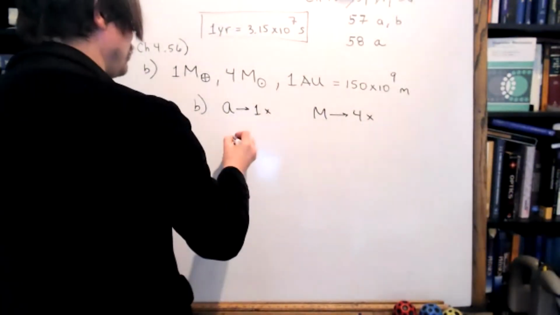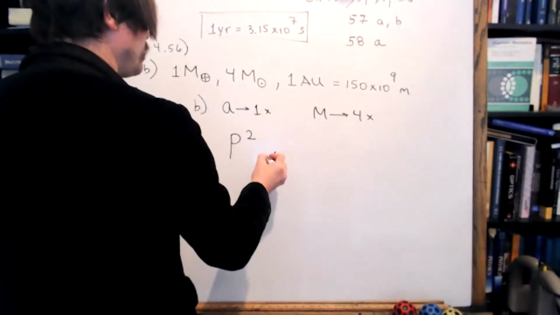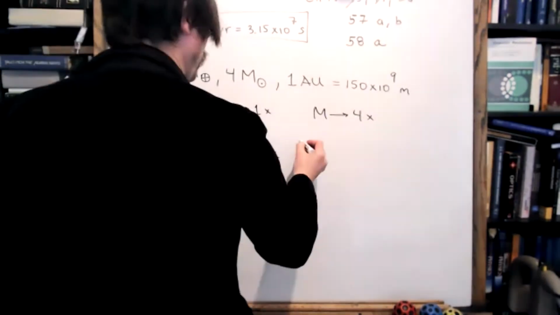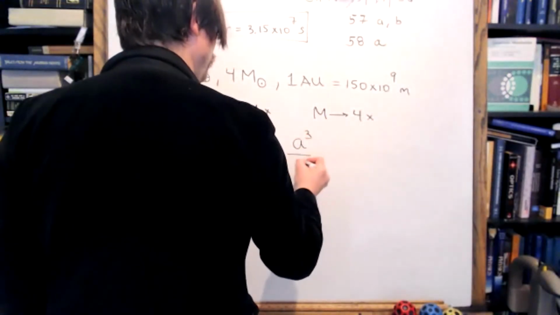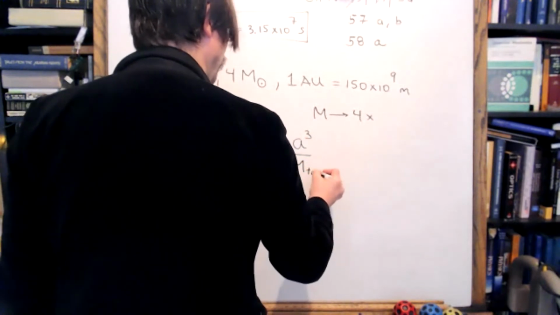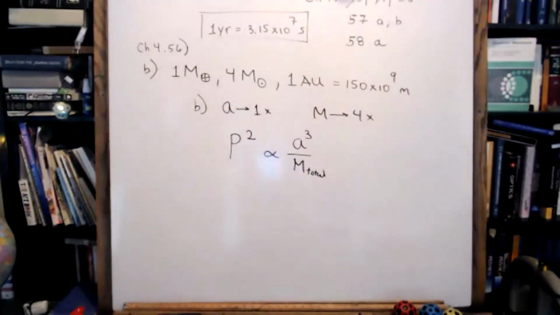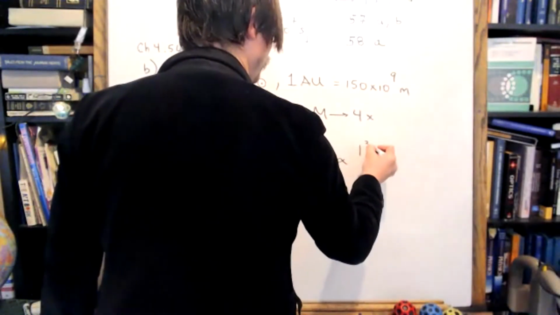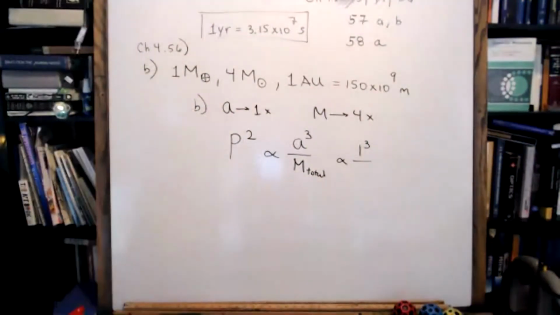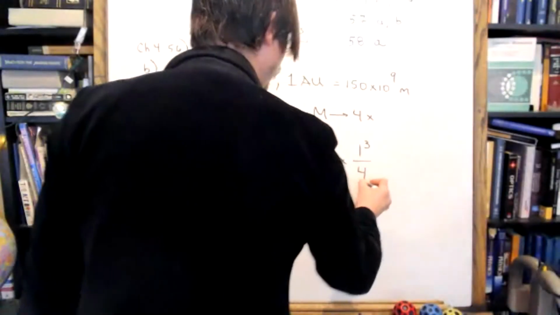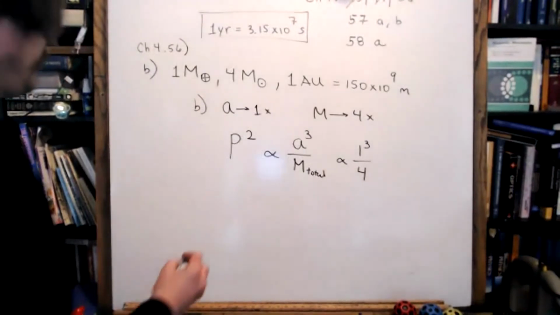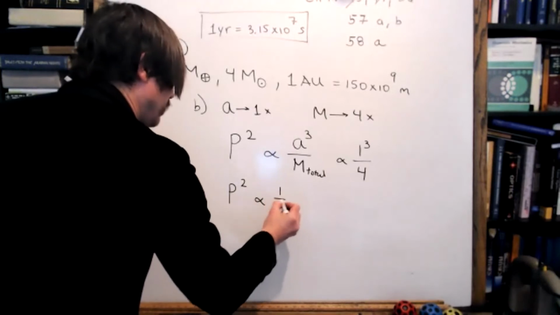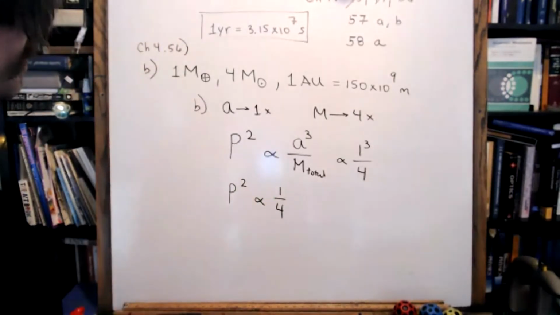If you ignore the constants, you could write Newton's version of Kepler's third law as p squared is proportional to a cubed over the total mass. In this case, the a was only varying by a factor of 1, so it wasn't really varying at all, but the mass was varying by a factor of 4. And that tells us that p squared is proportional to 1/4.